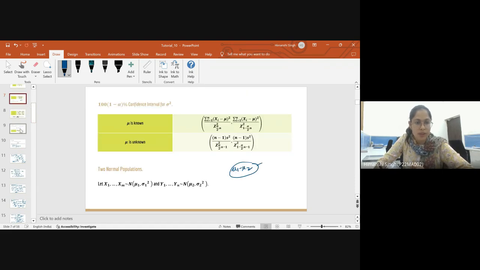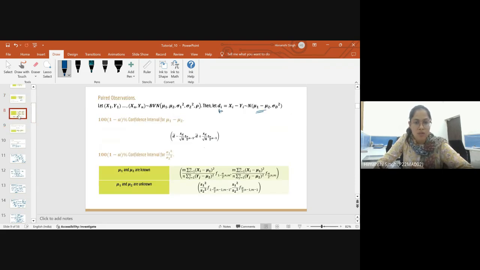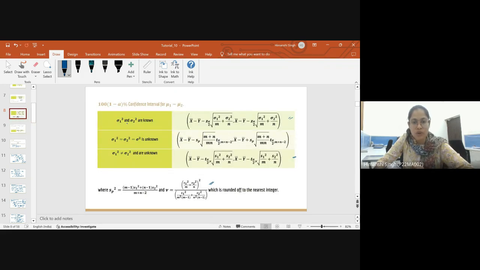For mu1 minus mu2, if both variances are known, the confidence interval is given by this formula. We know x bar and y bar from the table, we need to calculate z alpha by 2, and sigma 1 square and sigma 2 square we already have. Let us write all these things.